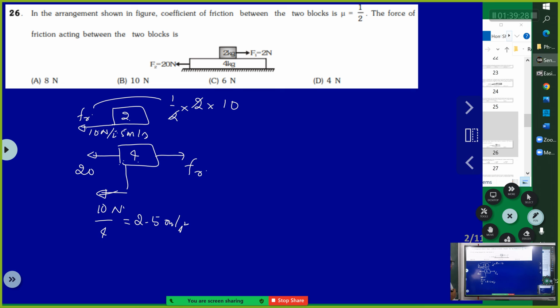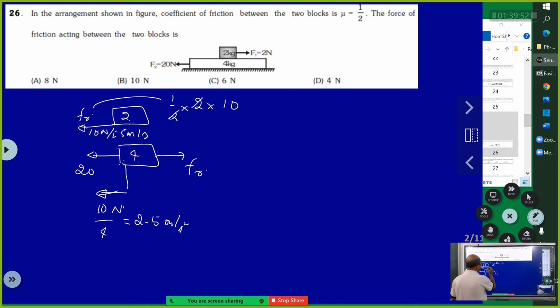So there will be relative motion between the two. In this arrangement, you have to consider both of them moving together, but you have to arrest them from moving together.